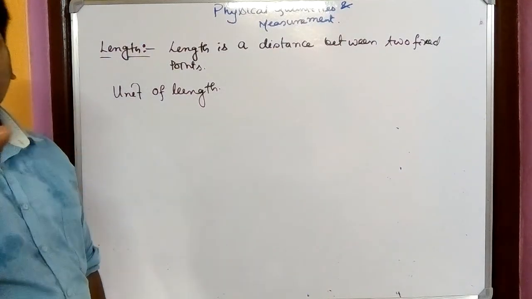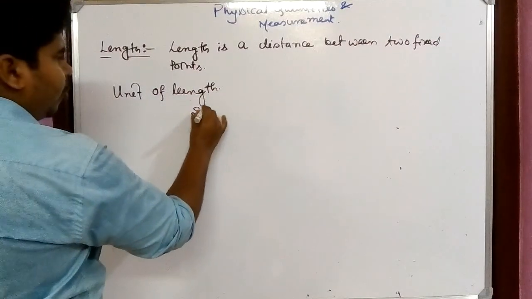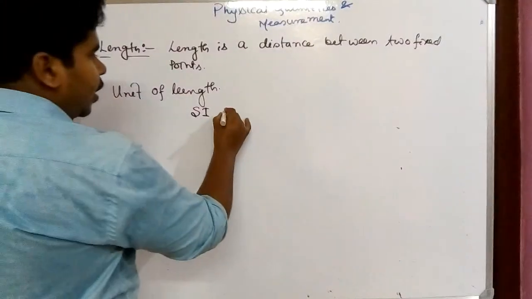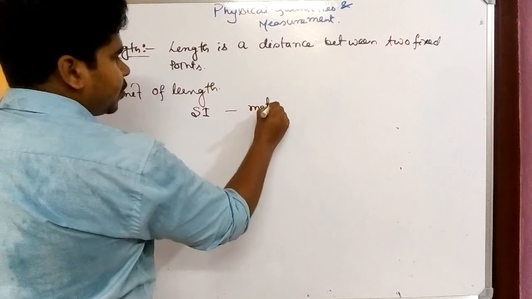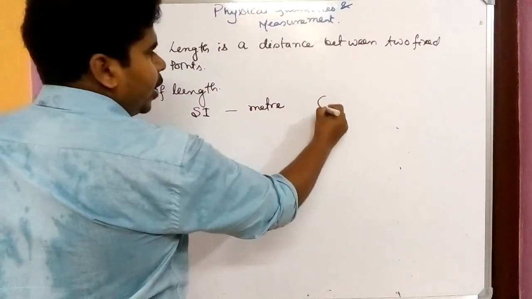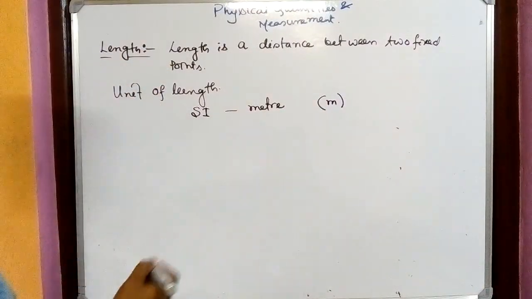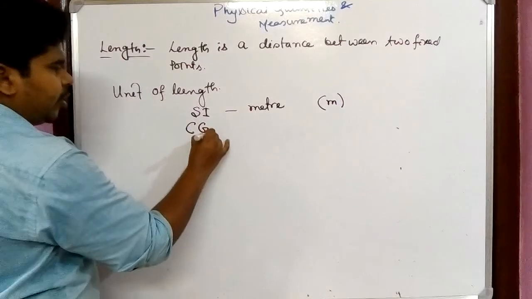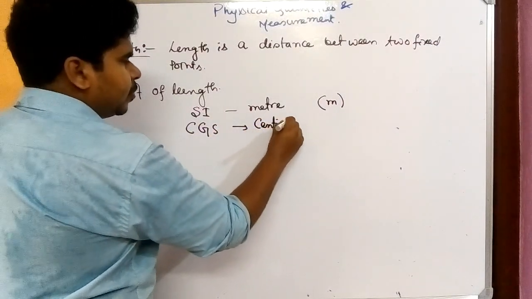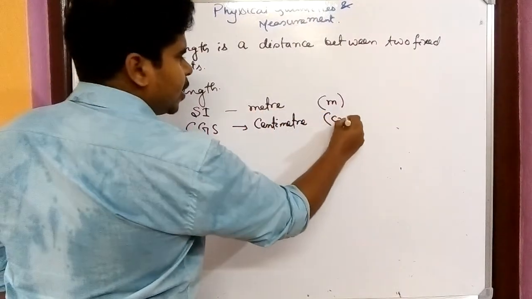For the SI unit, previously MKS, the unit is meter, abbreviated by a single letter, small m. Next, the CGS unit is centimeter, and its abbreviation is cm.